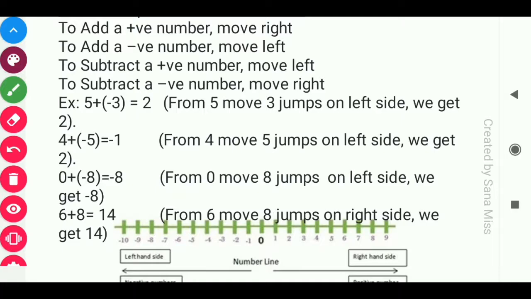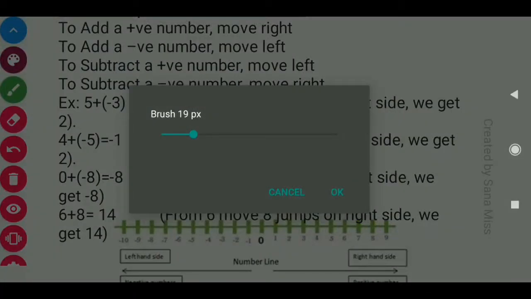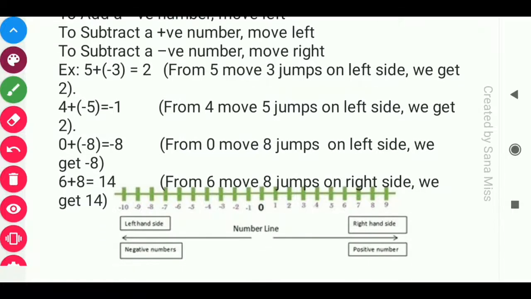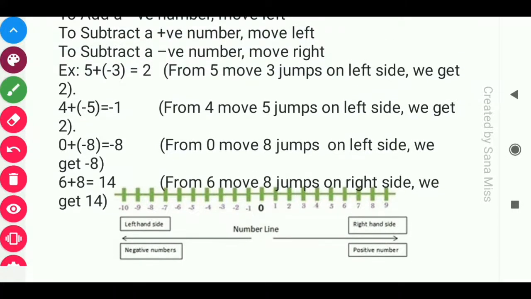I want to add 5 with minus of 3. So from the 5 I'll move 3 jumps on the left hand side. When I jump to the 3, what will I get? +2.